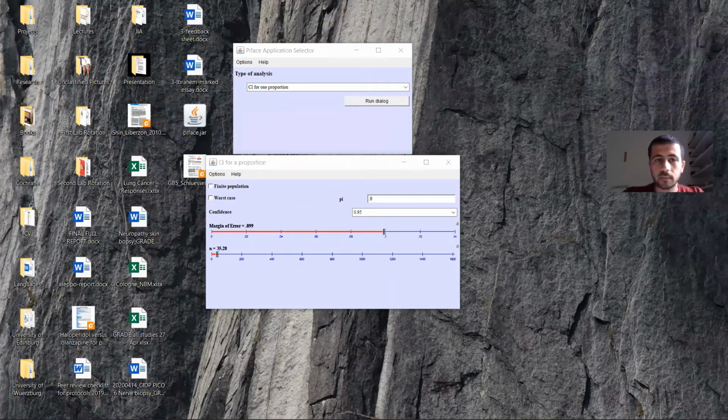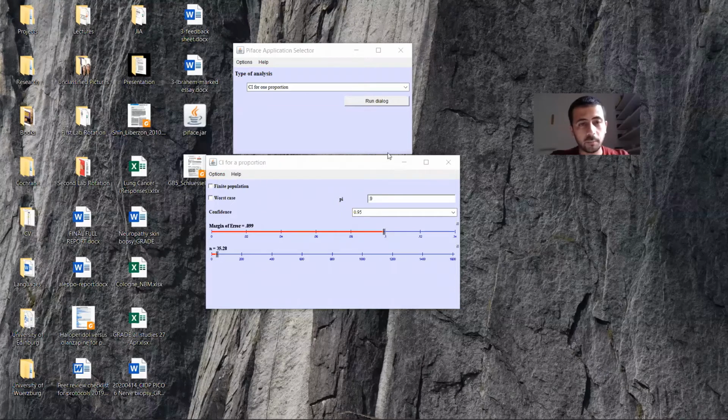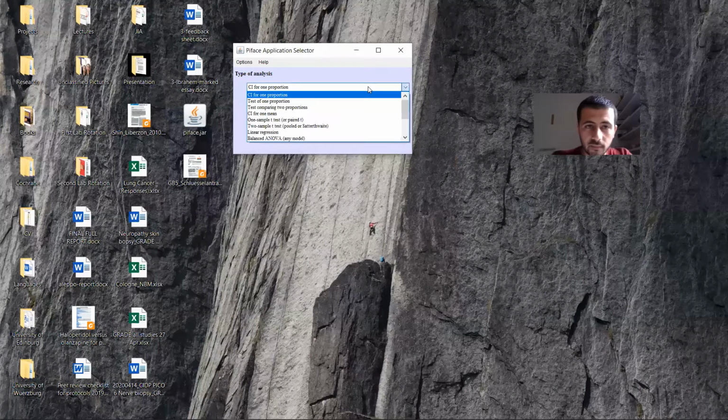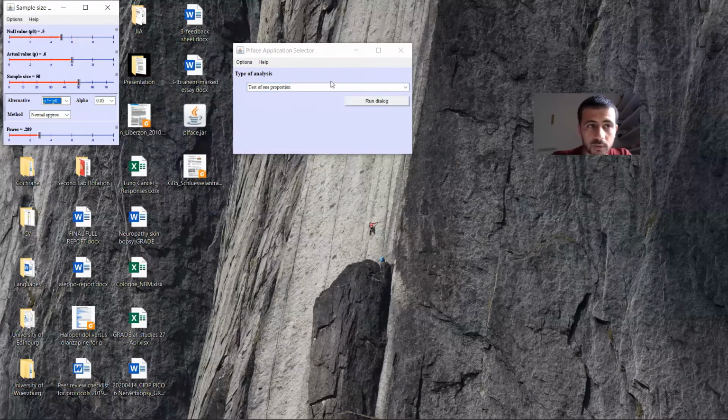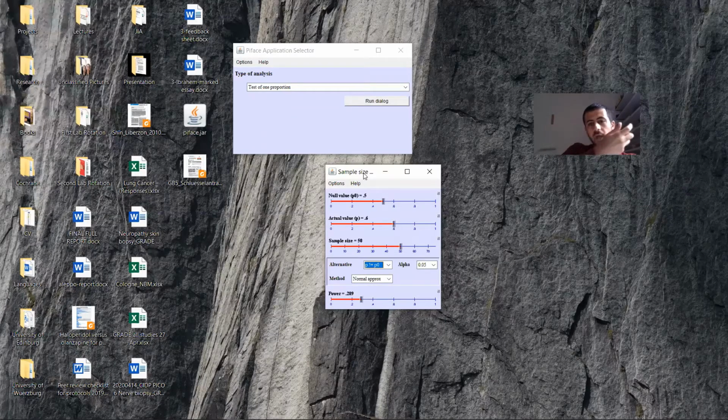So, okay, for a one proportion, it's an easy situation. What do we have more? Test of one proportion. Okay, what does a test for one proportion mean? It means that I will have a proportion, and I have a normal proportion at home, from the normal participants, from the general population.